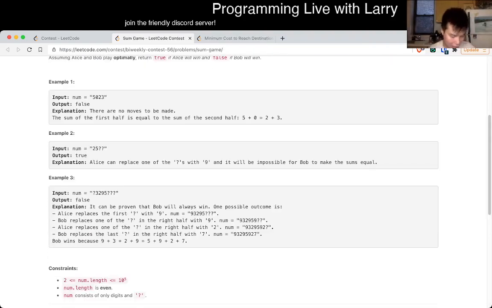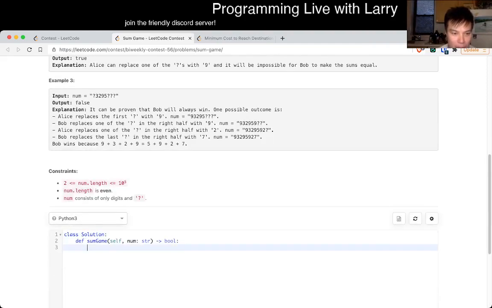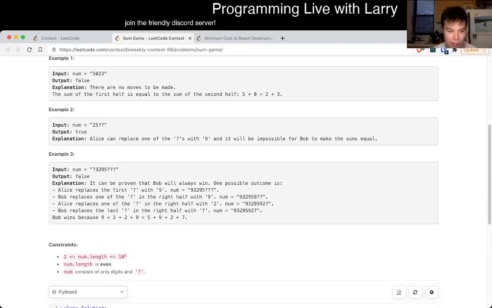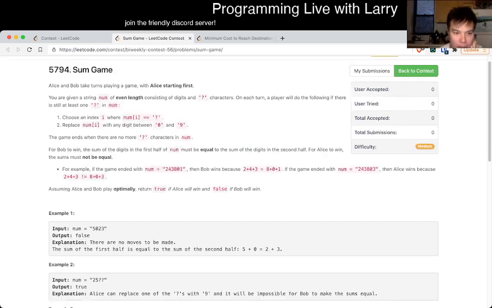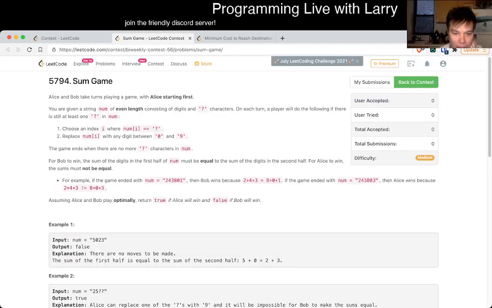Larry, this is going to be rough. 2 penalties already on silliness. Okay. Some of the digits in it, can return true if Alice wins.